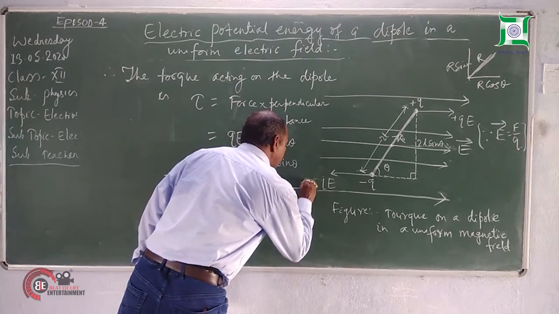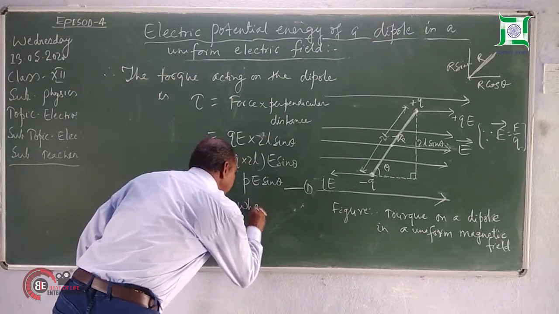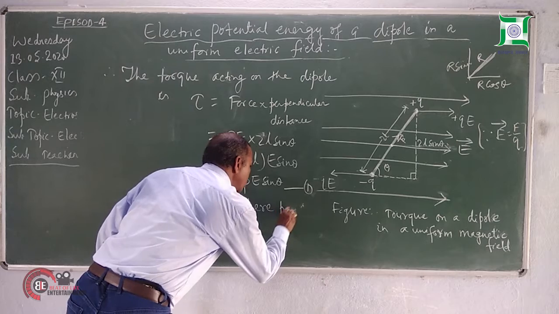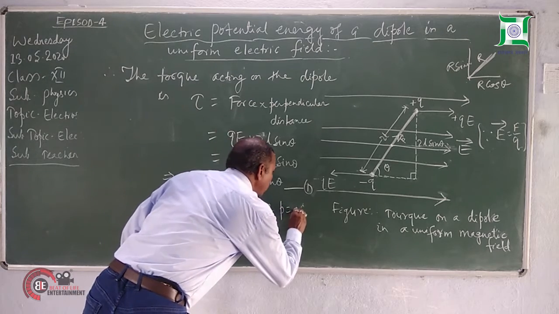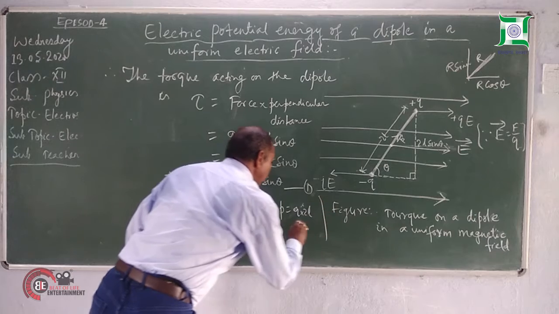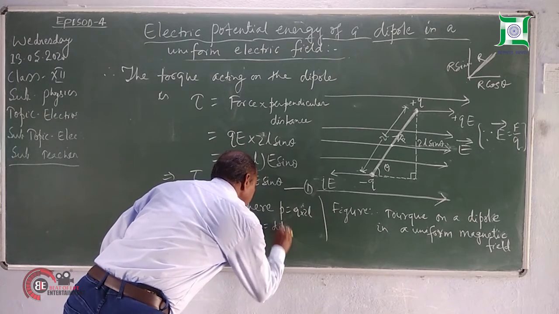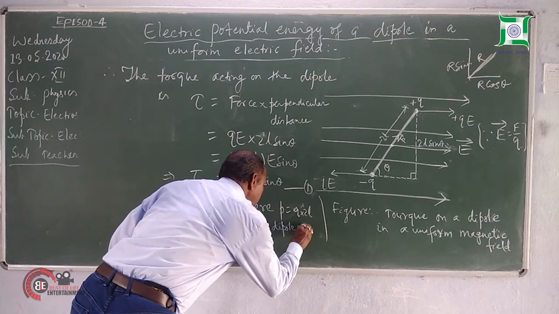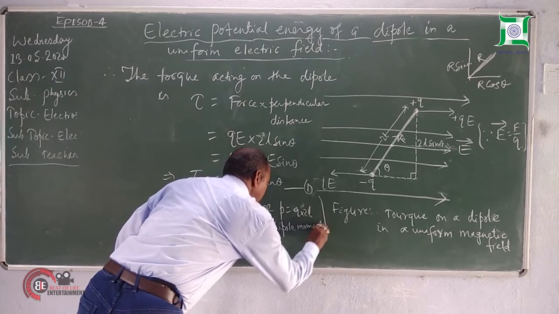We consider this equation 1, and here we write P is equal to Q into 2L is equal to dipole moment.